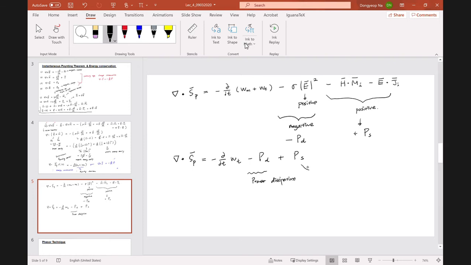And PS is the power from the source, power pumped by the source, so that it pumps energy into the system. So this is again the generalized Poynting theorem.